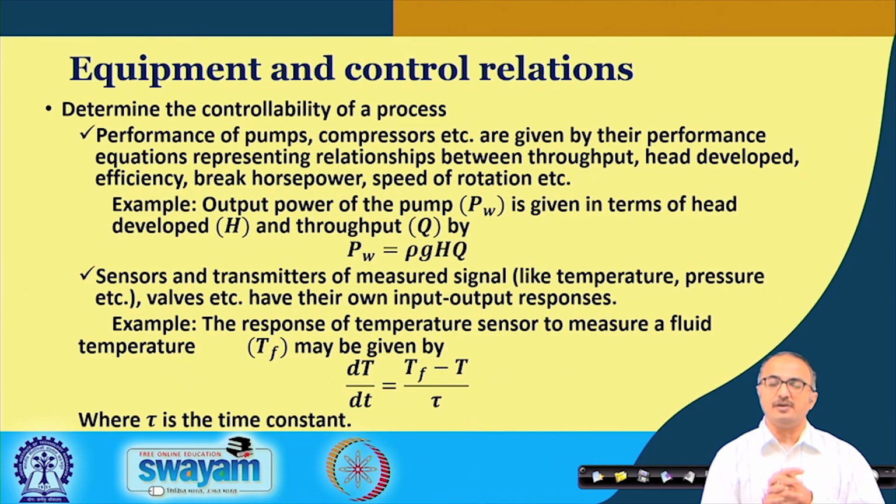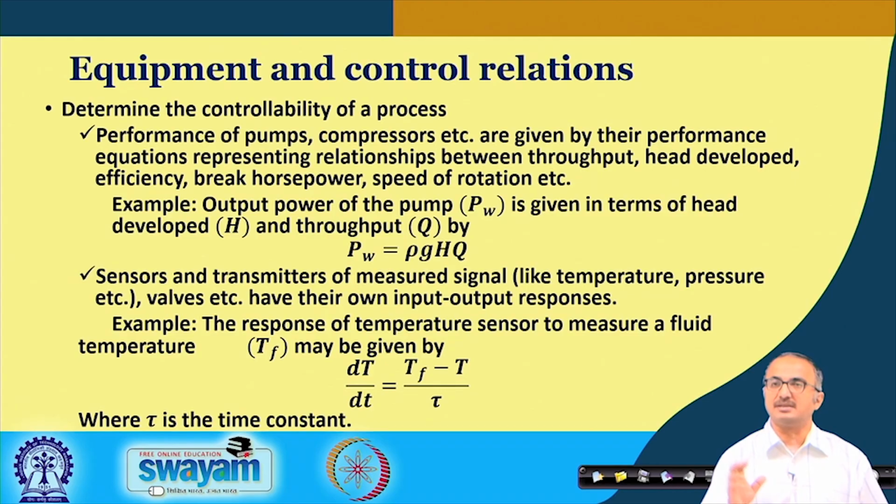For example, suppose for a temperature sensor, we are exposing a thermometer or any other sensor to some particular fluid. You find that it will take some time for the sensor to respond and come to a steady value of the temperature.